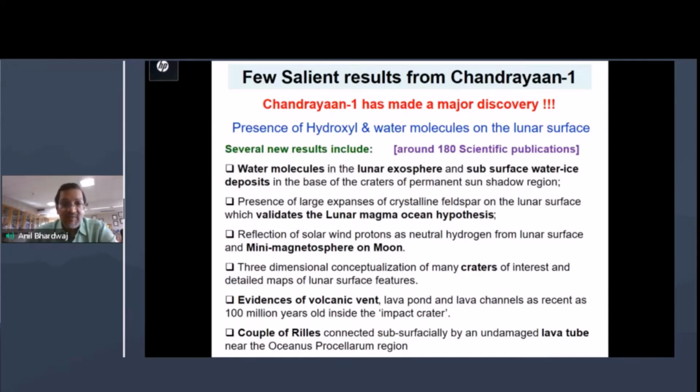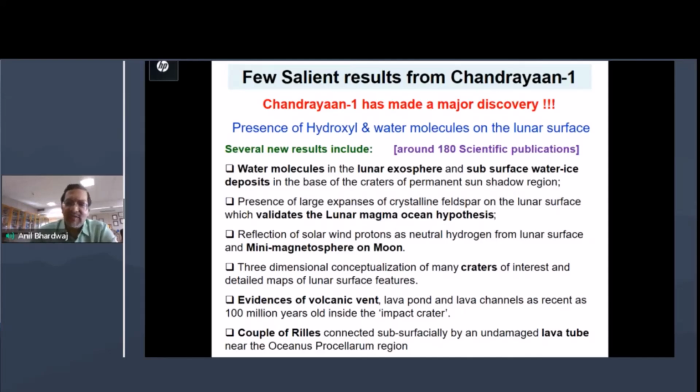There are more than 180 scientific publications which have come out from this mission, and which have validated the lunar magma ocean hypothesis because of the large amount of crystal feldspar present. Mini magnetospheres have been discovered, craters of various dimensions, as well as volcanic vents, which also talk about volcanic activity happening in the very recent 100 million years or even down to 10 million years.